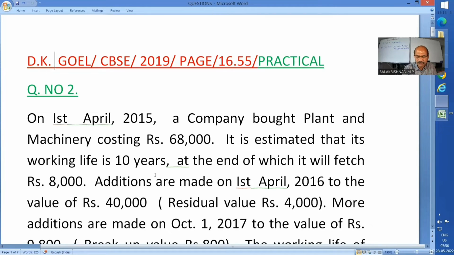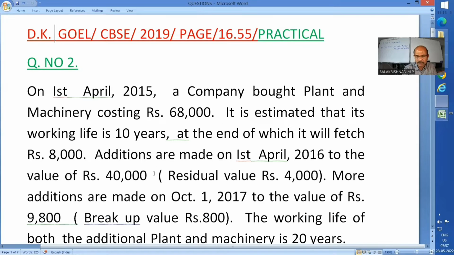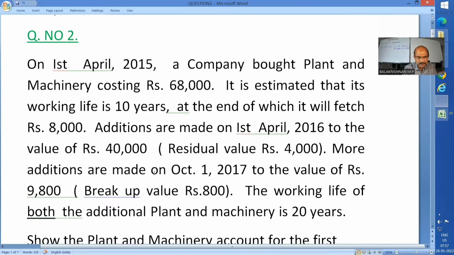Additions are made on 1st April 2016 to the value of rupees 40,000, residual value rupees 4,000. More additions are made on 1st October 2017 to the value of rupees 9,800. Breakup value is rupees 800. Breakup value is a synonym of residual value. The working life of both the additional plant and machinery is 20 years.